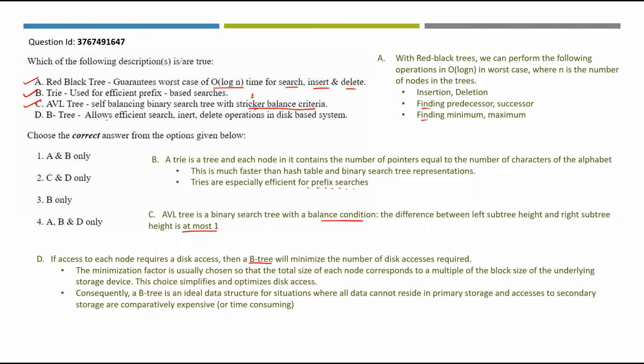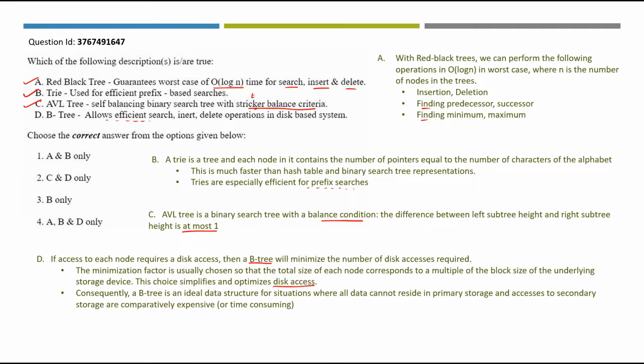That's why they have given it allows efficient search, insert and delete operations. The minimization factor is usually chosen so that the total size of each node corresponds to a multiple of the block size of the underlying storage device. This choice simplifies and optimizes disk access.